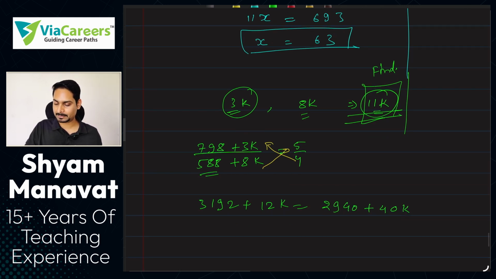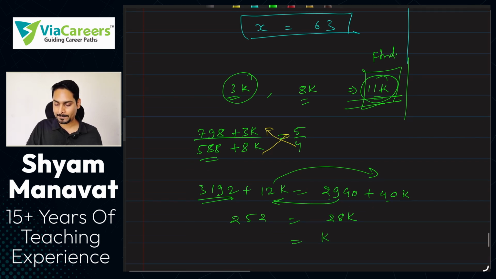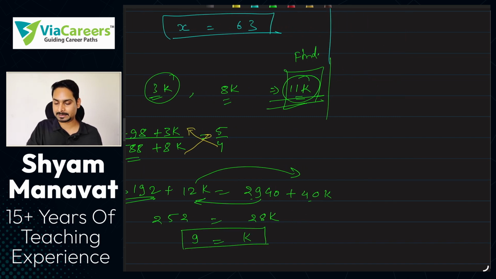If you shift the smaller number to one side, 40k minus 12k becomes 28k, and 3192 minus 2940. So you will get the difference as 252, and if you divide this by 28, k should be equal to 9. If k is equal to 9, what we need to find out is 11k. So 11 into 9 becomes how much? 99. So that's your answer.